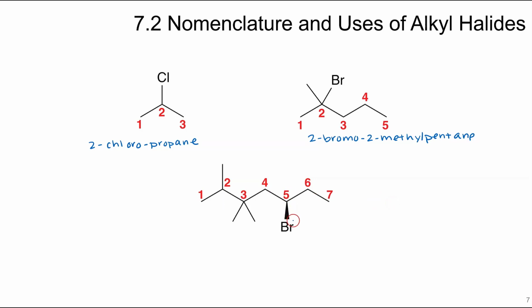We have a bromo at 5, but you have to determine the stereochemistry if it's indicated. This happens to be 1, 2, 3. This is R, so it'll be R, 5-bromo-2,3,3-trimethylheptane.